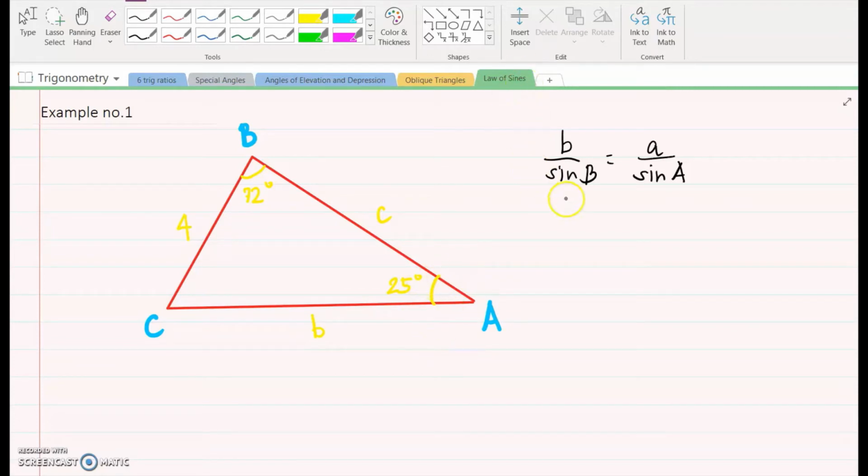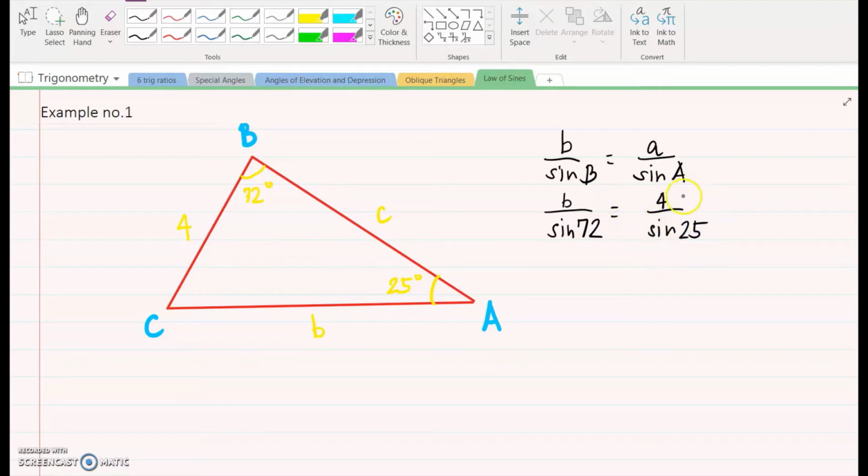B is equal to sine 72, which is the opposite of side B, A is 4, over sine 25 degrees.